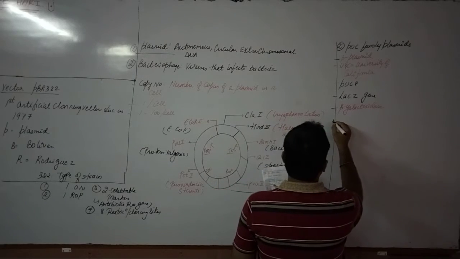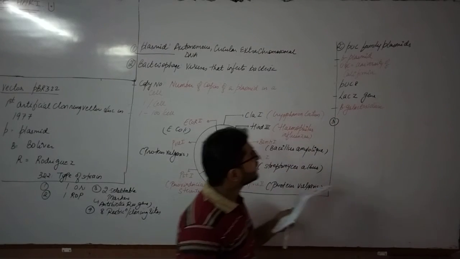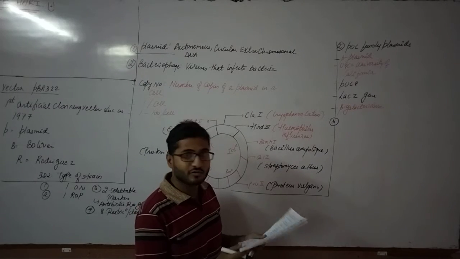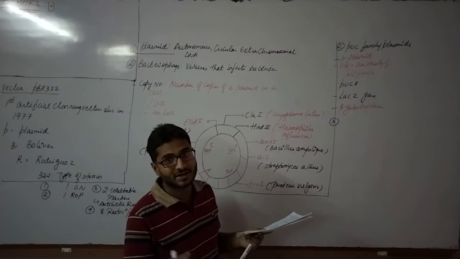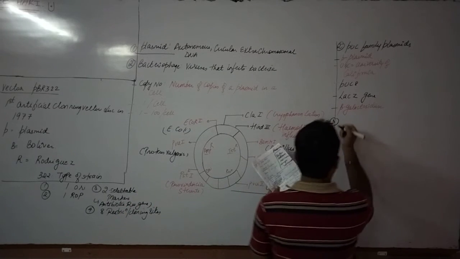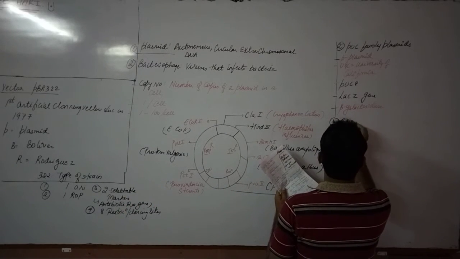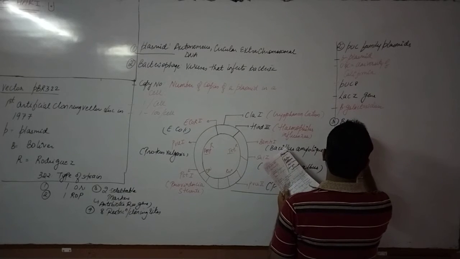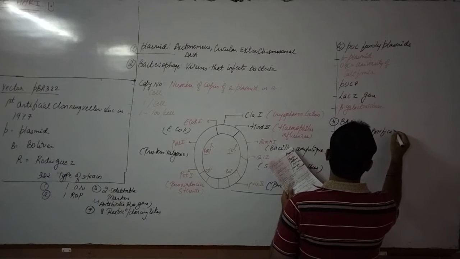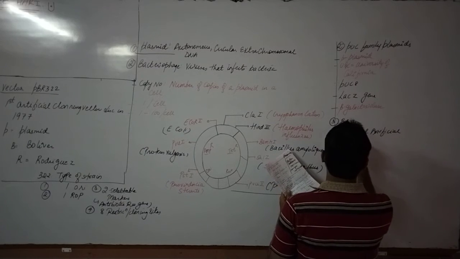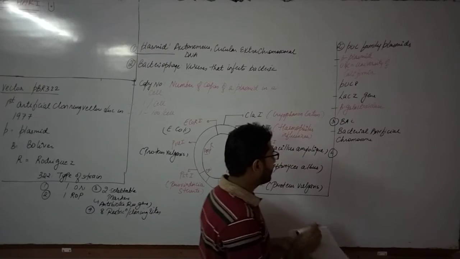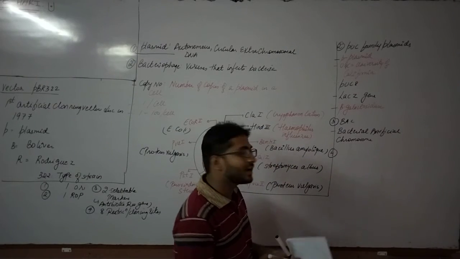Then the third category of vectors: within the bacteria, as well as eukaryotic organisms, there can also be plasmid-like vectors, for example in yeast. It is BAC and YAC. BAC, that is bacterial artificial chromosome, which acts as a plasmid.